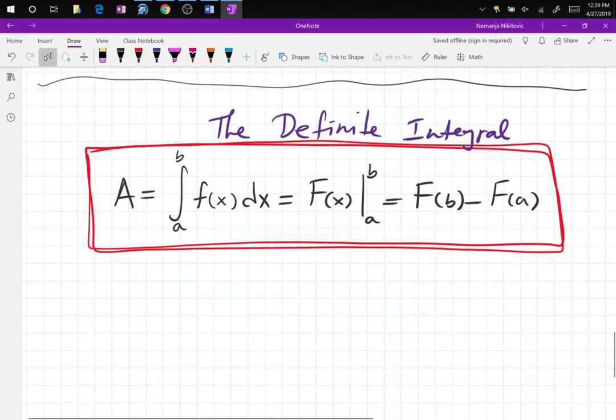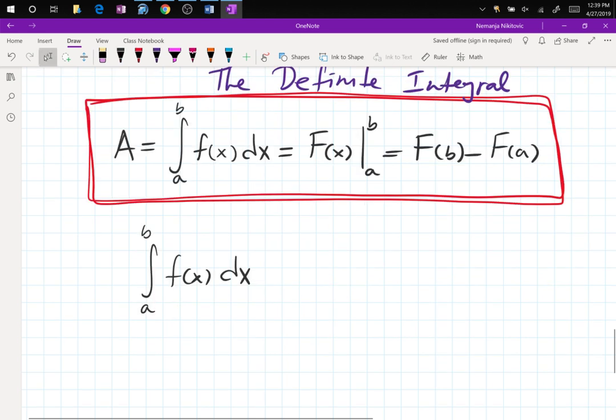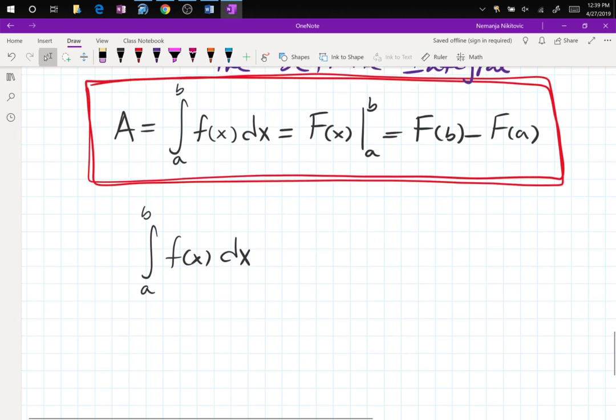So I just want to connect these things. Integral from a to b f of x dx. Are you ready? Limit of the summation f of x i delta x.